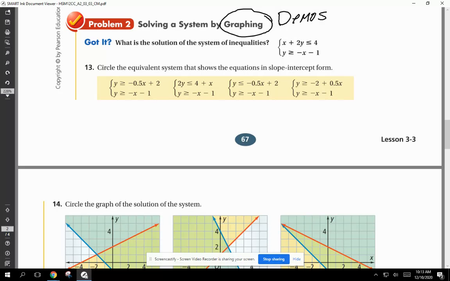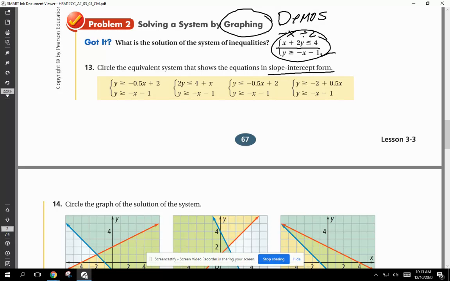Okay, so here we go. X plus 2y is less than 4, and y is greater than -x minus y. Circle the equivalent system that shows equations in slope-intercept form. To put it in slope-intercept form, this one's already in that form. This one is not up here. So you have to subtract the x and divide by 2.